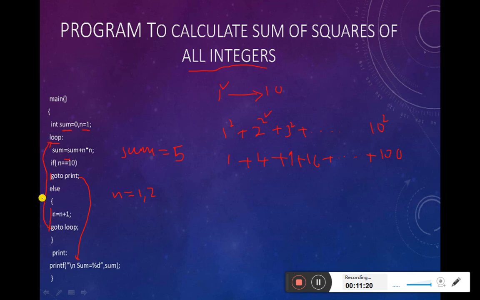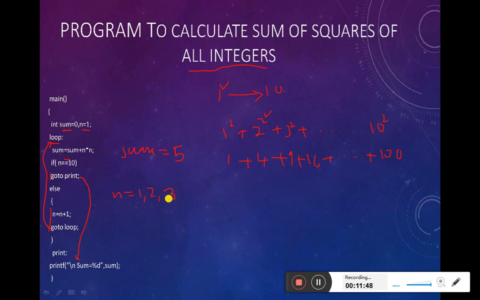And we'll be in this loop as long as this condition is false. So next we increment, this becomes false again because n is 2. Goto print will not be executed. So goto print will be executed at the end, when the sum of squares of all the numbers has been calculated. So now we increment n by 1, n becomes 3.